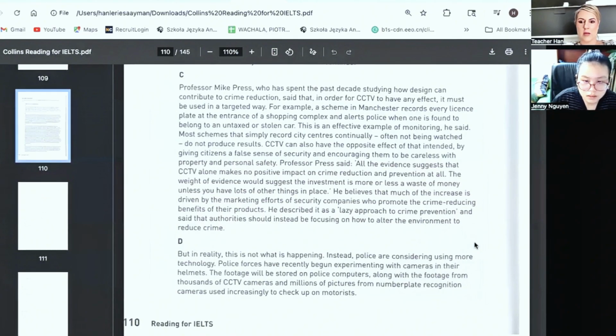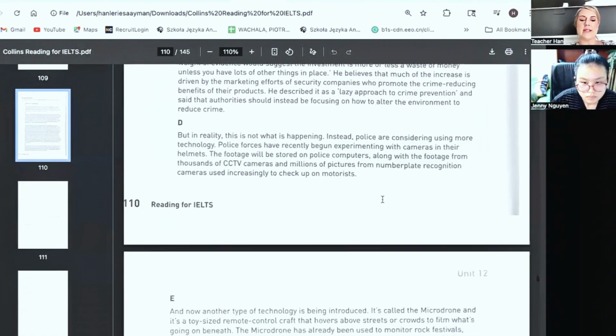A place where we can see everything, but they have a false sense of security and are encouraged to be careless with property and personal safety. Okay, and do they think it is a waste of money or not? Yeah. Okay, and then let's have a look at the next passage.